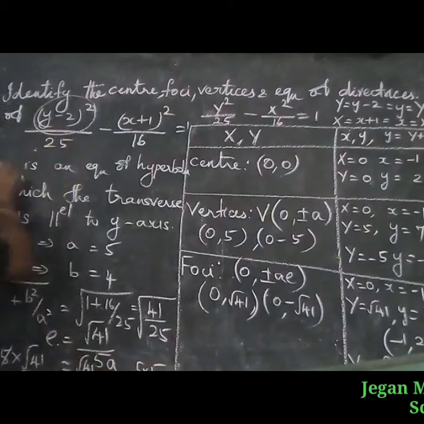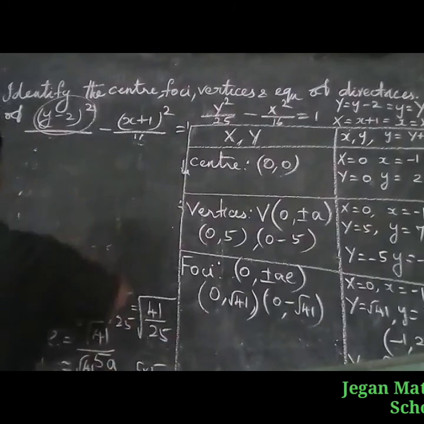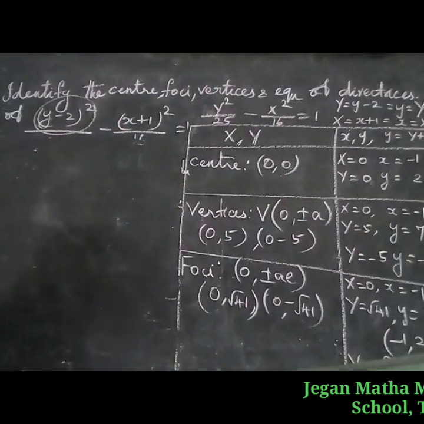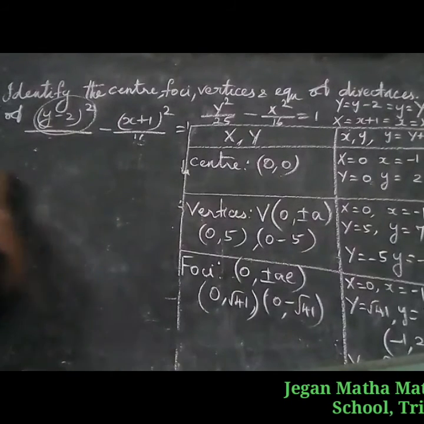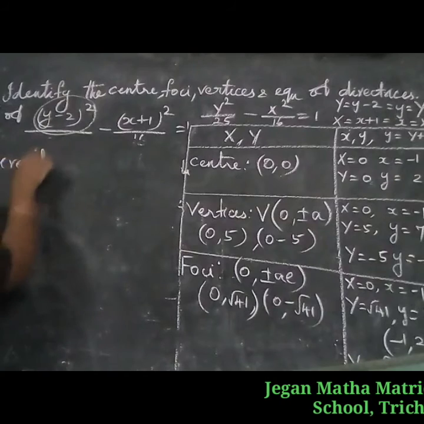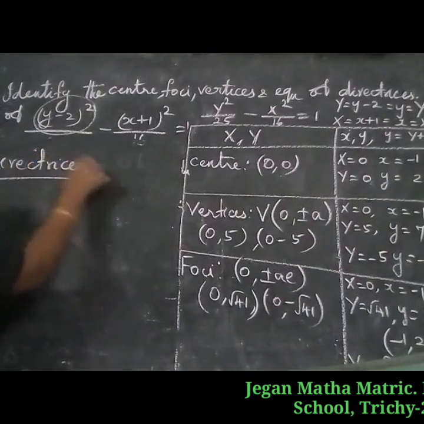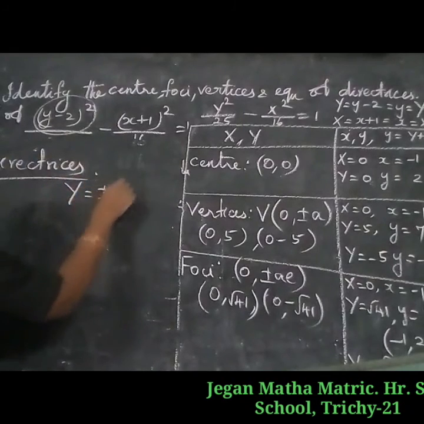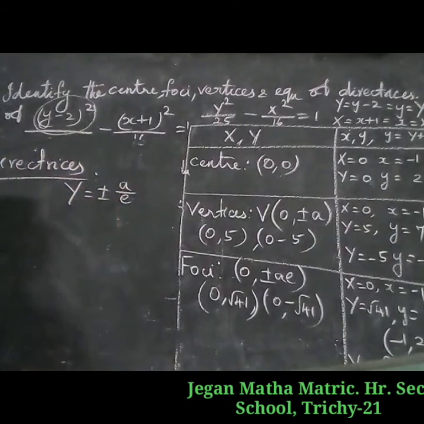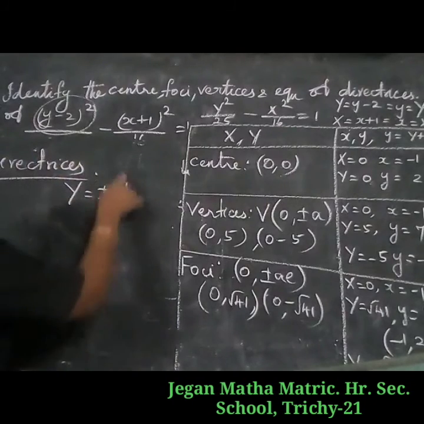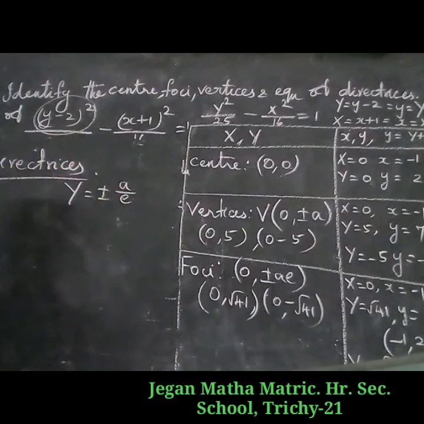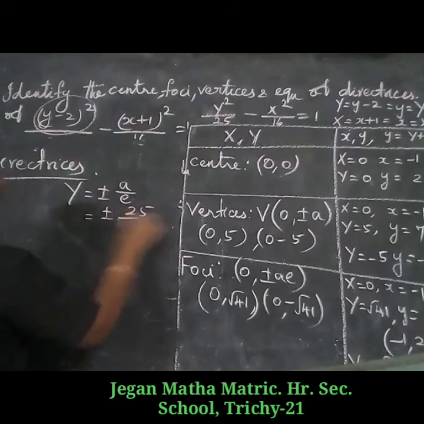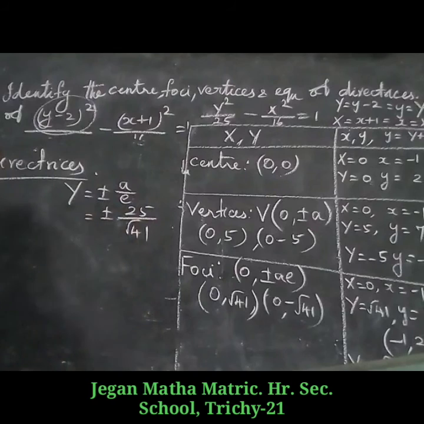Next we can find out the equation of directrix. The formula to find the directrix, with the transverse axis along the y-axis, is Y is equal to plus or minus a by e. Already we got the value of a by e as 25 divided by root 41, so plus or minus 25 divided by root 41.